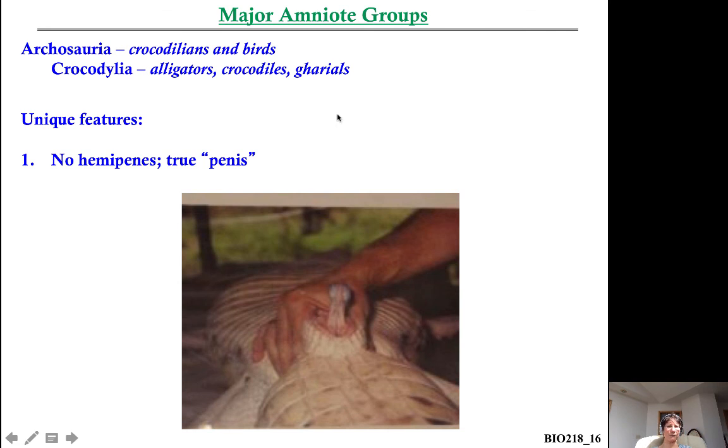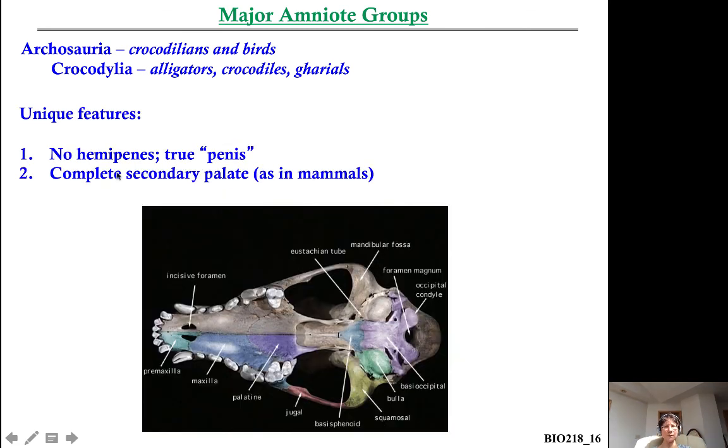They have true penises. They have a complete secondary palate. Now, this skull that I'm showing you here is mammalian, not a crocodilian. I couldn't find a really good one that shows you the secondary palate. But here's the palatine right here. Basically you have a hardened structure, and you actually have a hole right here that you can go into the sinuses with.